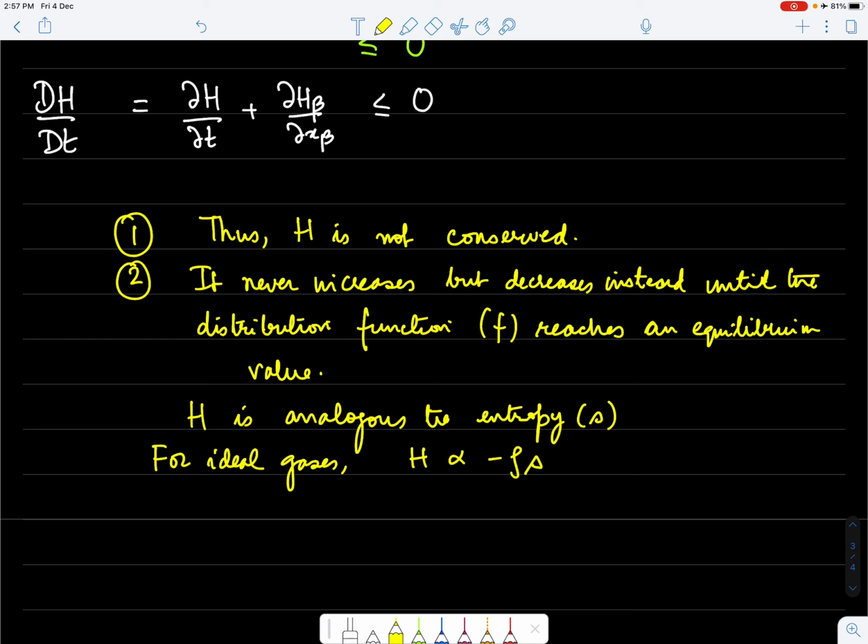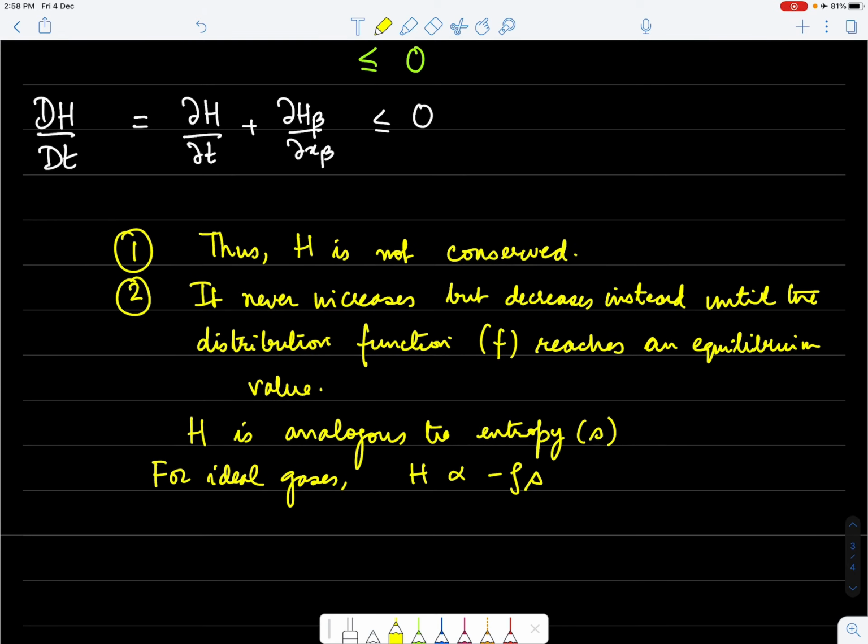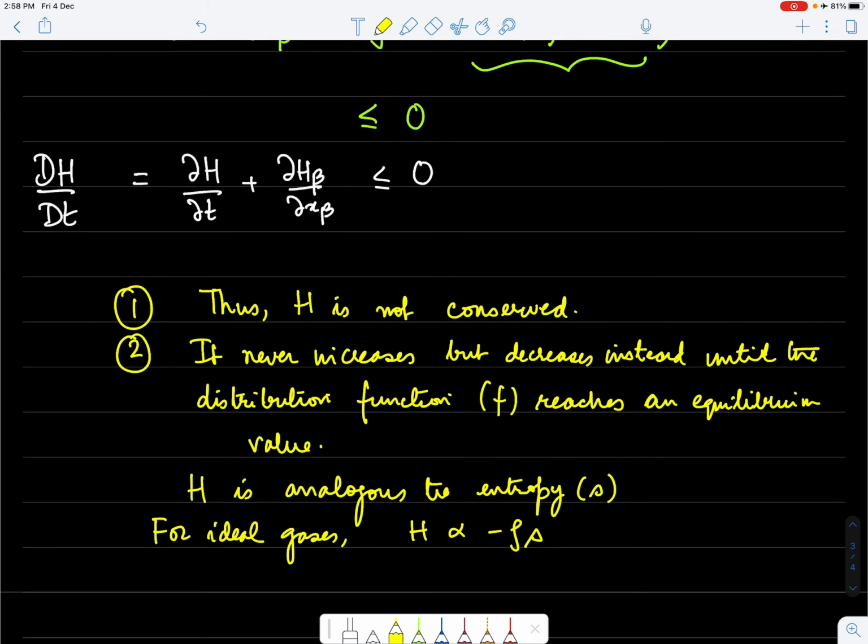So you will have a state of gas going through various states until it hits the point at which the gas has achieved equilibrium. That would be the point where this function h is no longer changing, or in that case entropy is no longer changing. So the equilibrium condition is what the system will be driven towards.